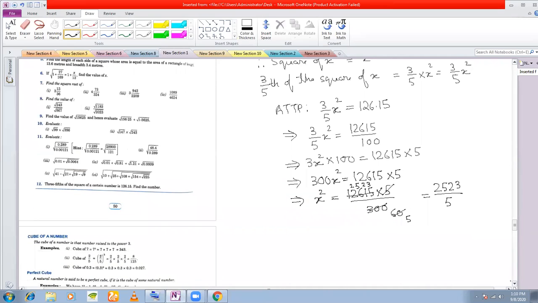But how will I find the square root of this? That is the main question. How will I find the square root of this? Can anyone tell me how I should find the square root of this? Or can I do something in order to reduce my work?